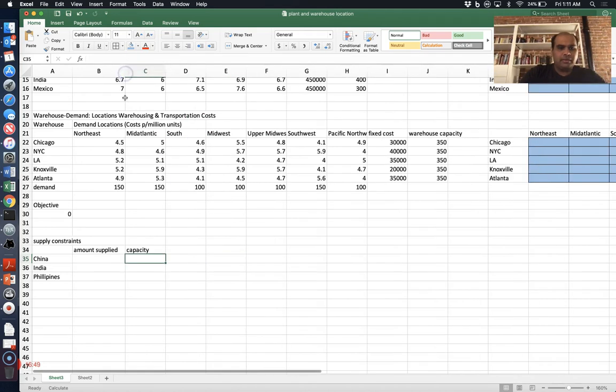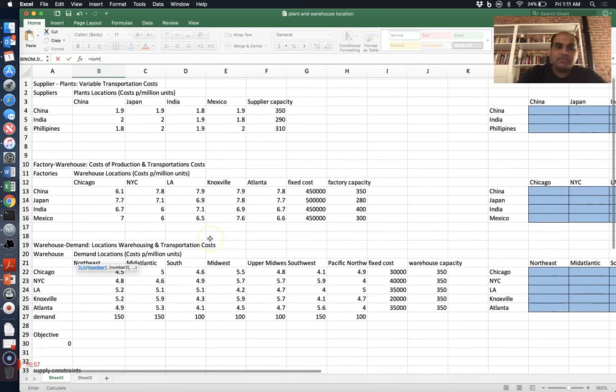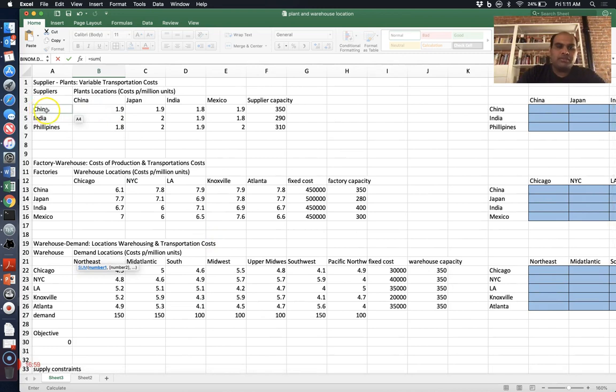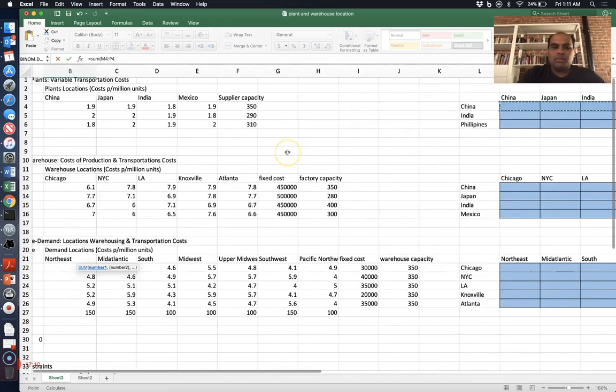Don't want that. Right. So the amount supplied is all the amount that is supplied out of the China supplier, not the China plant. Remember, the China plant is different from the China supplier. So you add everything that is supplied out of the China supplier to all four potential plant locations.